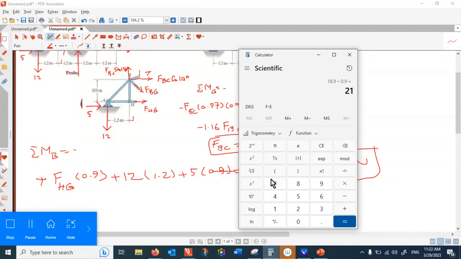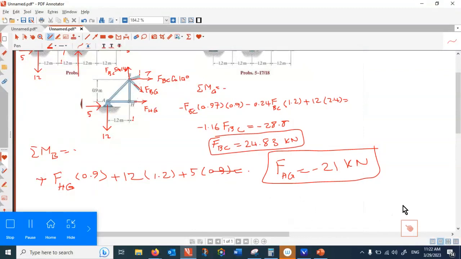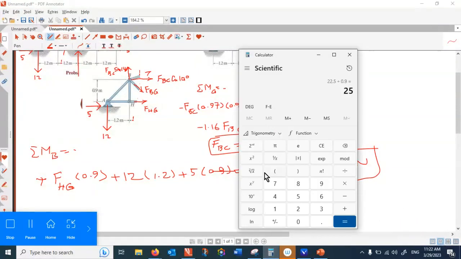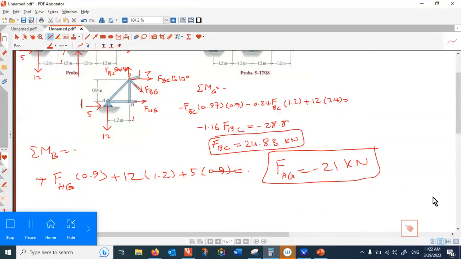Let's recalculate, making sure no mistake. 5 times 0.9, that is 4.5. 4.5 plus 18 divided by 0.9. Yeah, 25, minus 25.